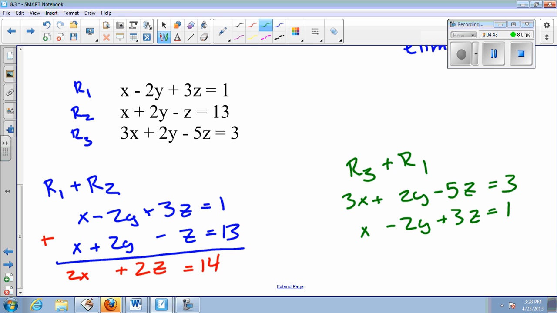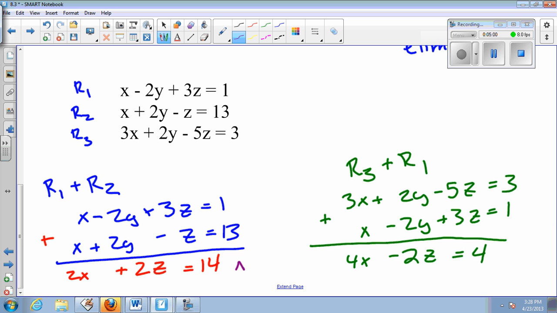So we're going to add these 2 together. We get 4x, the y's cancel, minus 2z equals 4. So now we have 2 new equations.